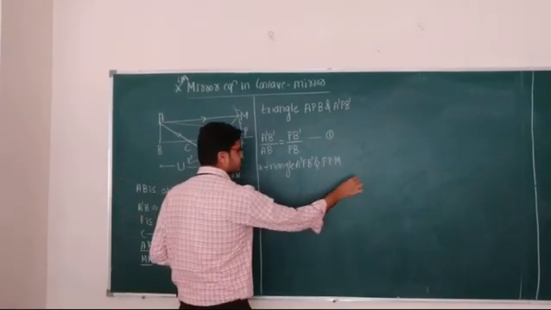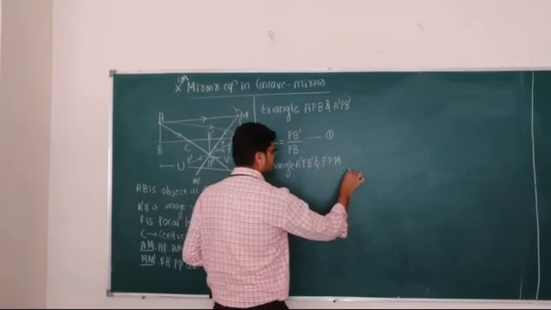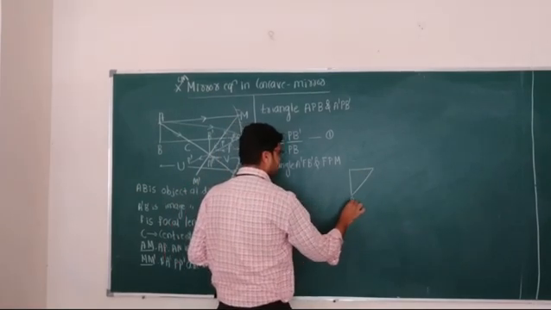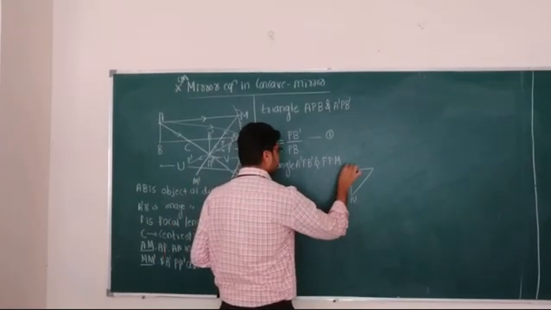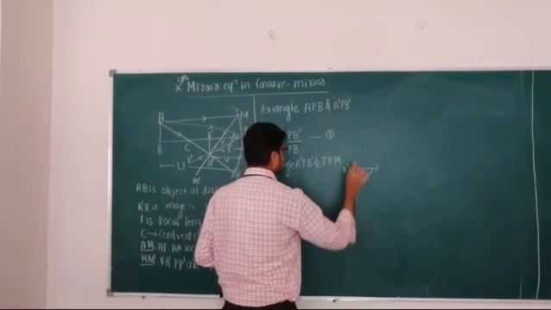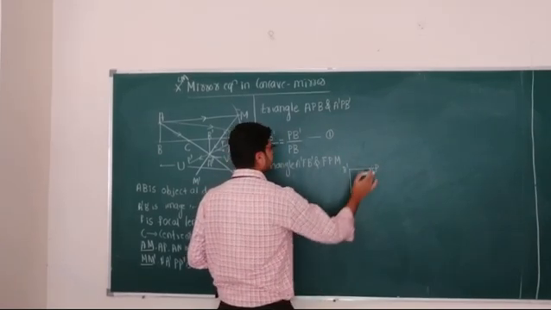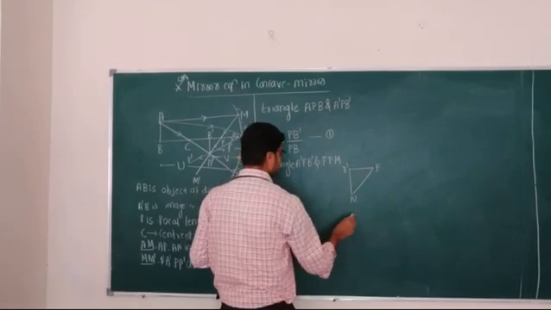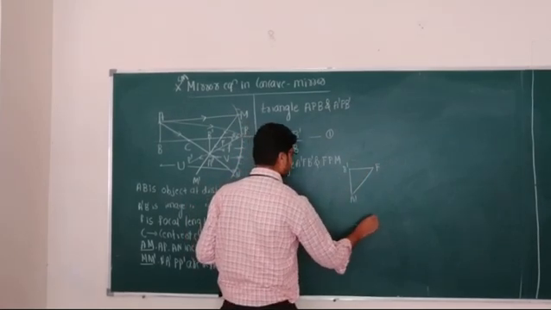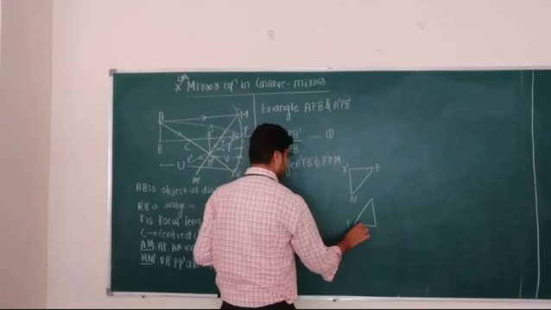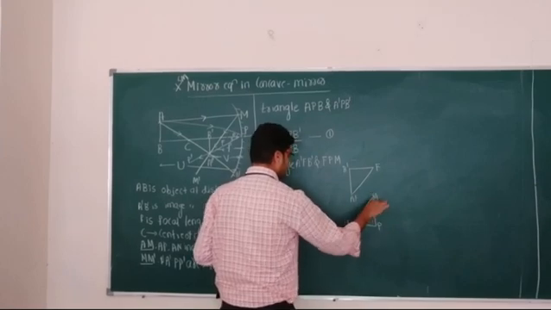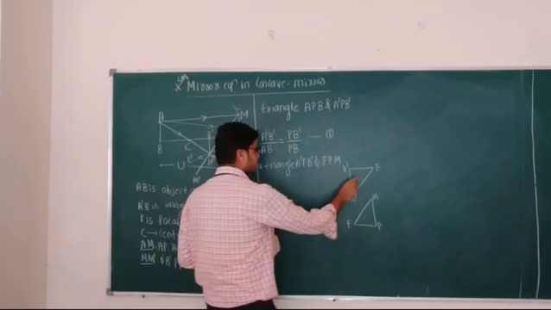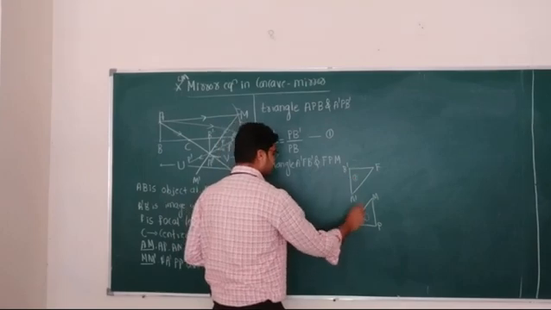Like this: A', B', P. So, A', B', F. This triangle F, P, M. You take this as the first triangle, this as the second triangle.